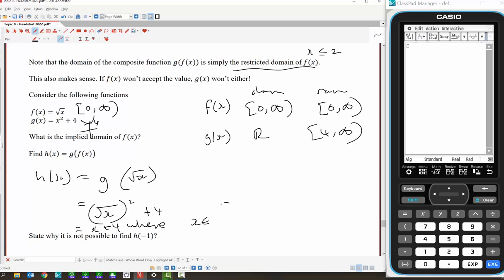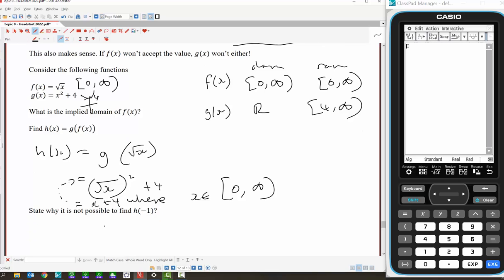Now you might be thinking, well, why is this linear function only true from 0 to positive infinity when I can see that it should be for all real numbers? And the reason is that this function here is based on this function here. It's got to be true for this and therefore true for this.